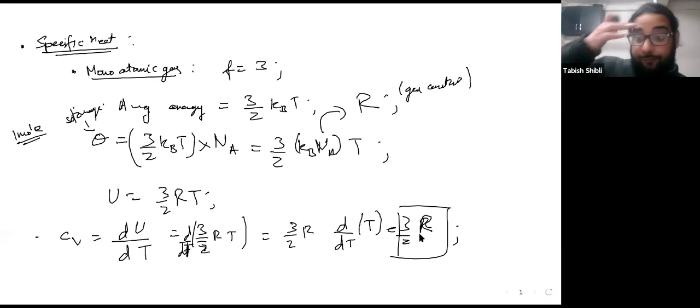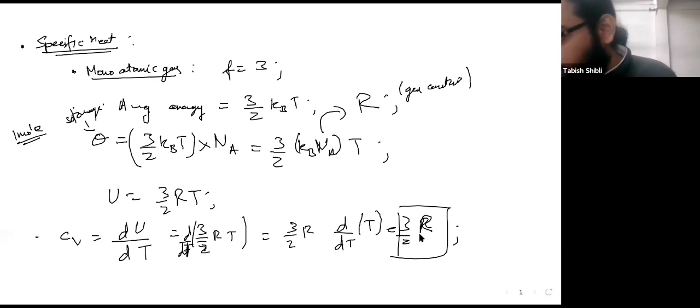So starting from the fundamental law of equipartition of energy, we can show that the specific heat at constant volume for a monatomic gas will always be 3 by 2 R, or 1.5 times R. Make sense? From here you can calculate Cp also.